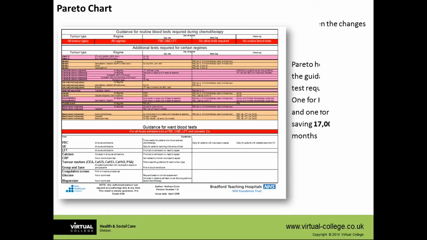So basically they looked at the Pareto, what the most common presentations and what types of blood tests were required, came up with some simple guidance on an A4 sheet and reduced the demand on the lab by like 17,000 tests over a period.